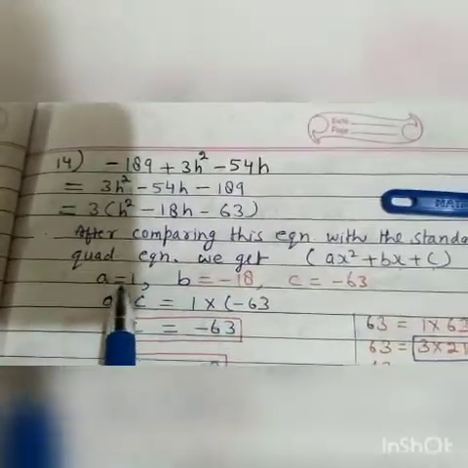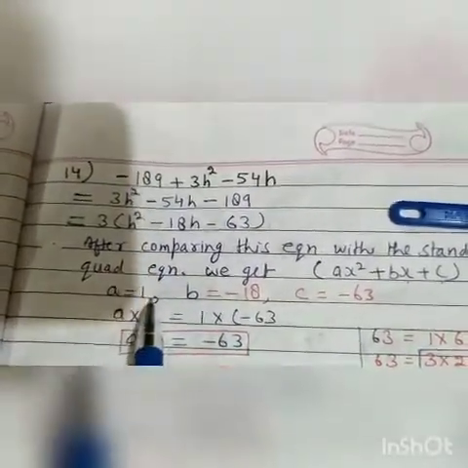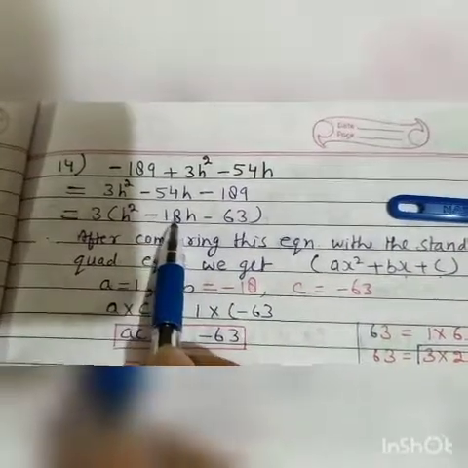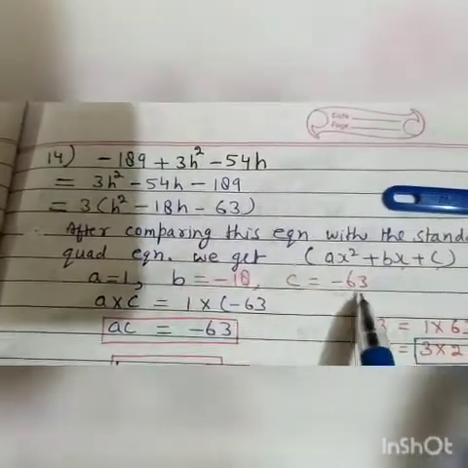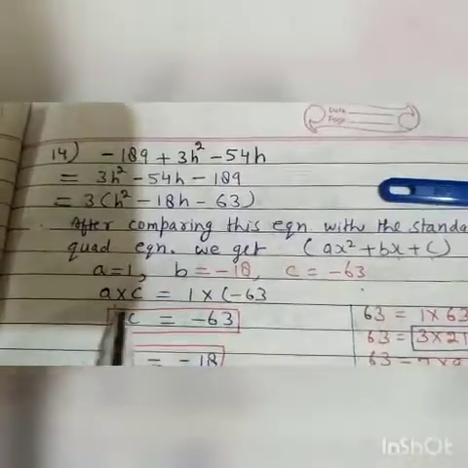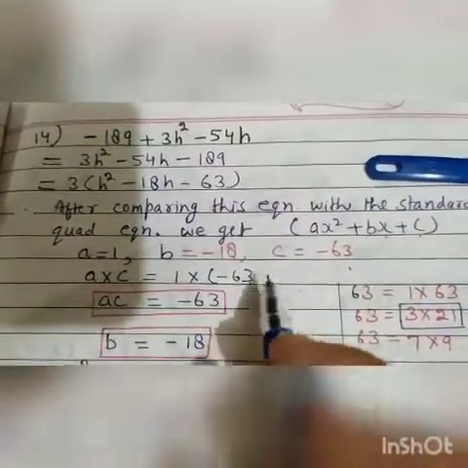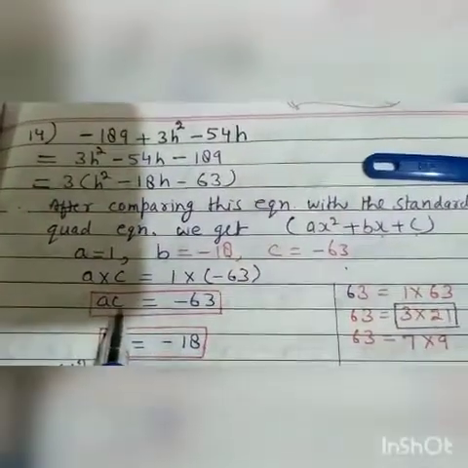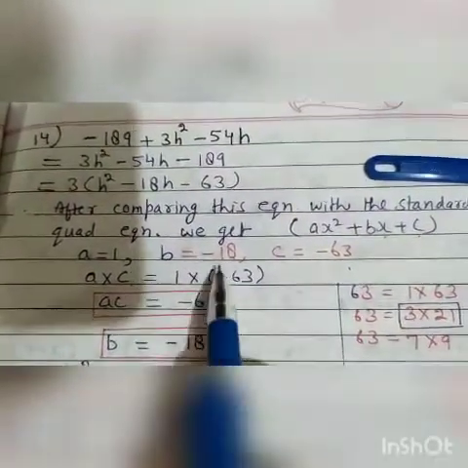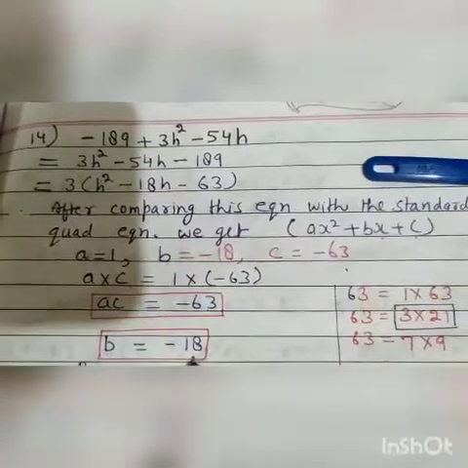We get the value of a is equal to 1, then b is equal to minus 18, c is equal to minus 63. Now a into c, 1 into minus 63, so the value of ac is equal to minus 63 and the value of b is equal to minus 18.